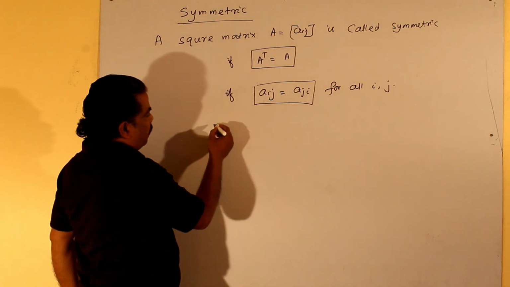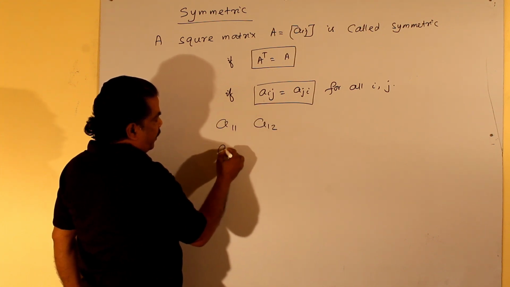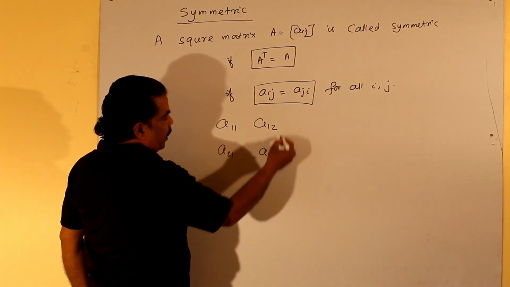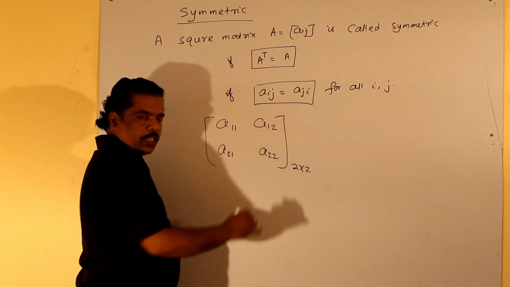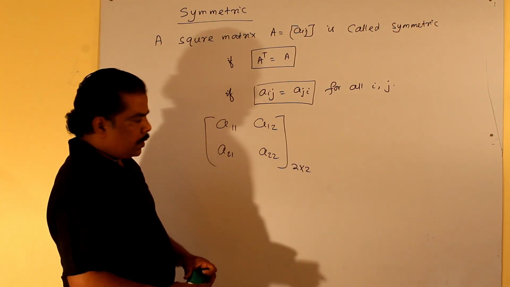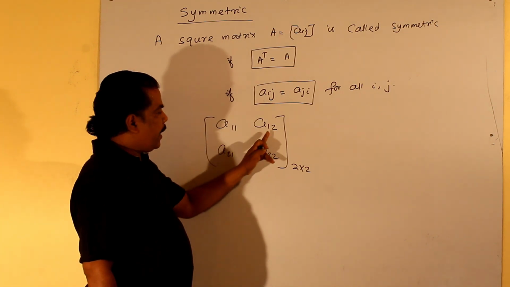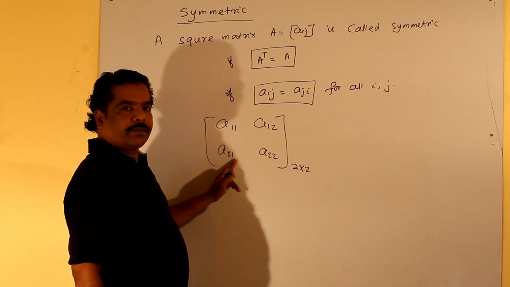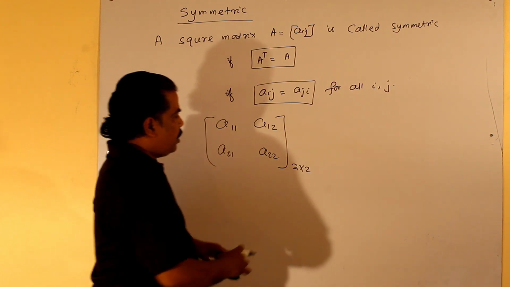For example, a11, a12, a21, a22 is a square matrix. It possesses 2 rows and 2 columns. If a12 is equal to a21, that is aij equal to aji, then we say the matrix is a symmetric matrix.